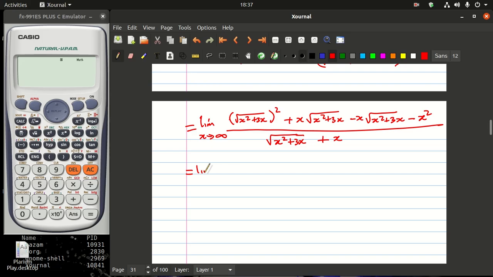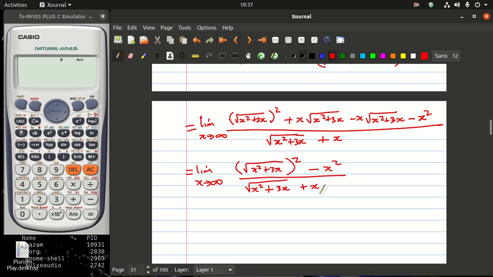So I end up having the limit as x approaches infinity of the square root of x squared plus 3x, and then I'm going to square it up, and then minus x squared all over the square root of x squared plus 3x, and then I have plus x there.